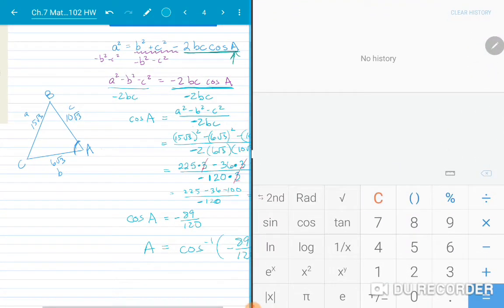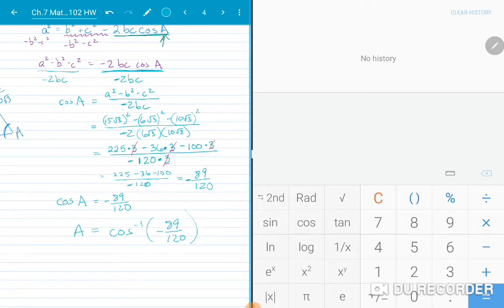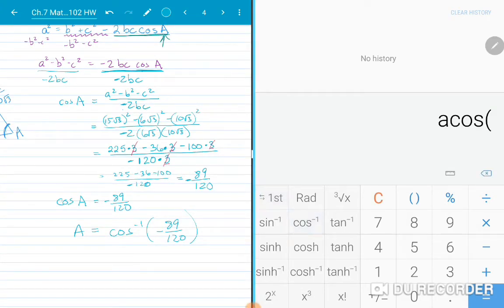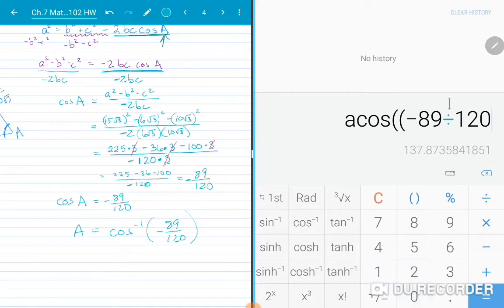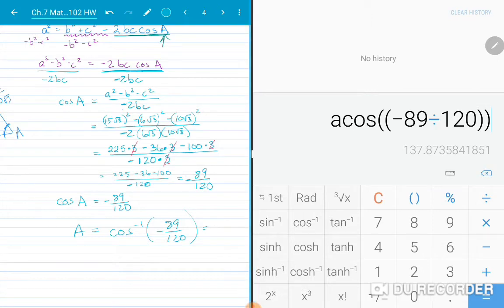And I get, let's round that to 137.9 degrees.